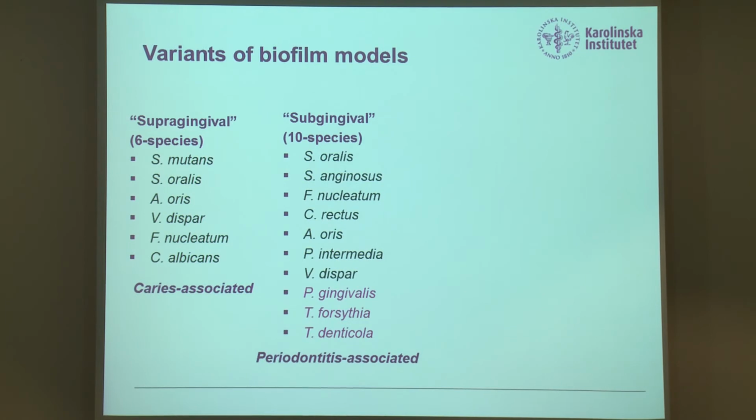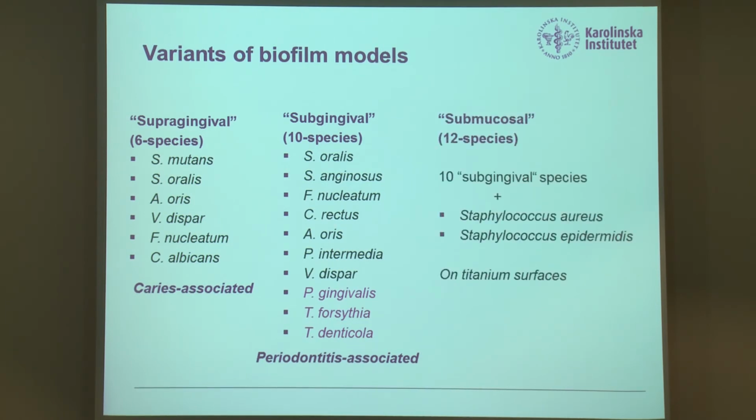And we have a further modification developed recently, the so-called submucosal biofilm, consists of 12 species. 10 of them are the subgingival species, but we have also introduced Staphylococcus aureus and Staphylococcus epidermidis, and we have cultured that on titanium surfaces. And the reason is that we wanted to develop a peri-implantitis-associated biofilm.